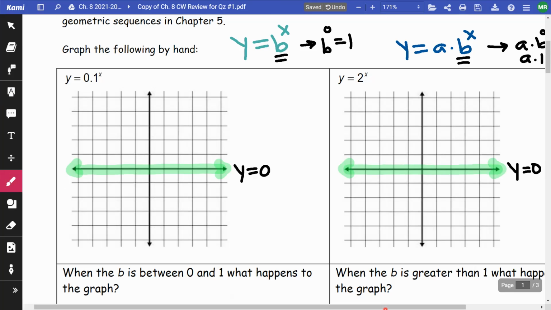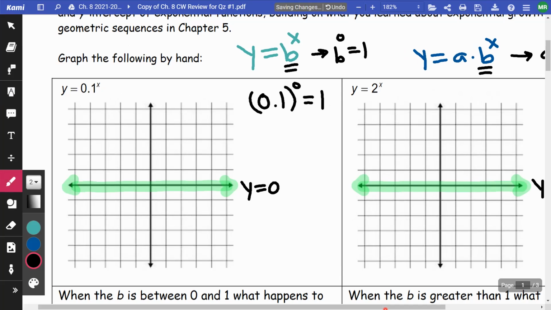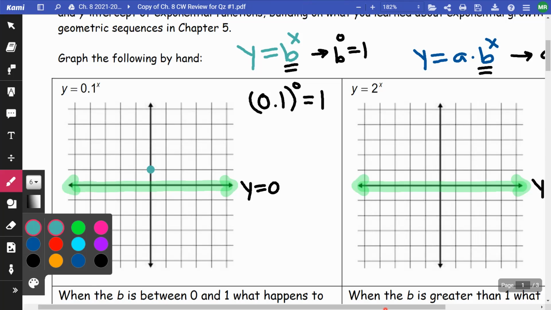Now, on the first graph, again, if I put in 0, which would be to find my y-intercept, 0.1 to the power 0 is 1. So my first point is going to be at 1.